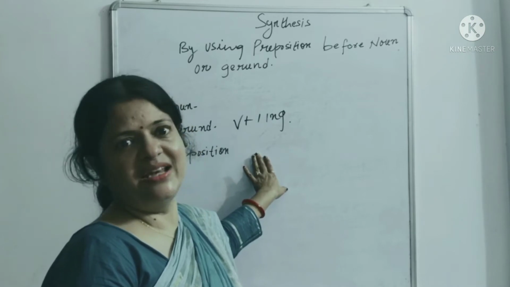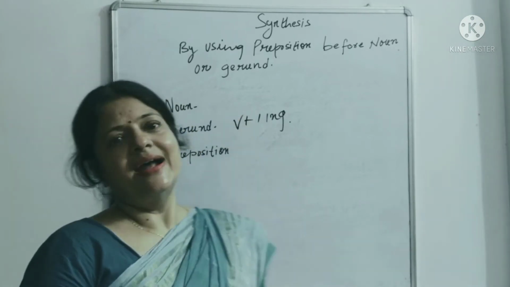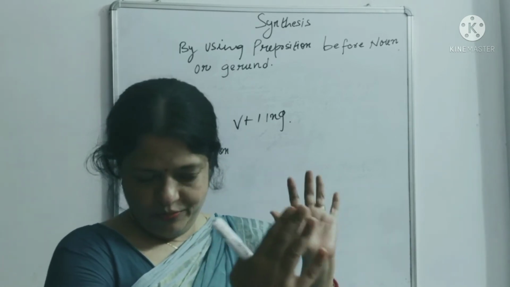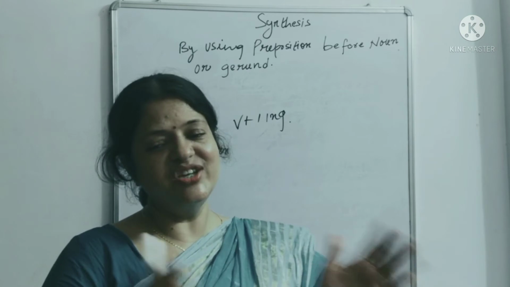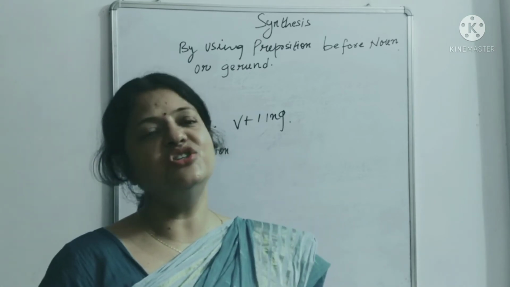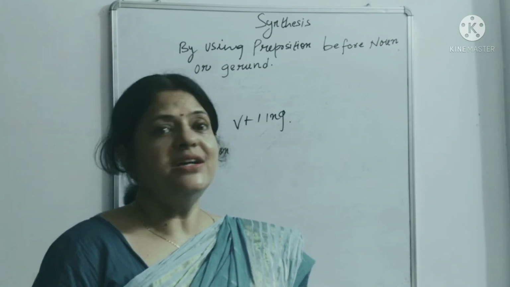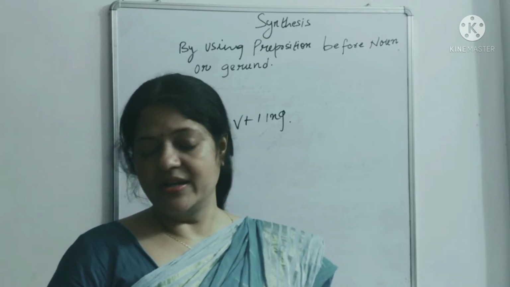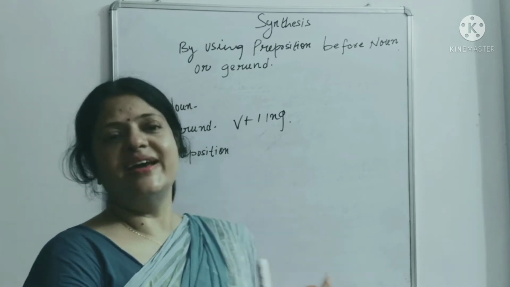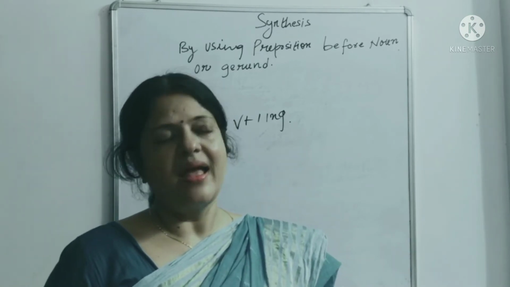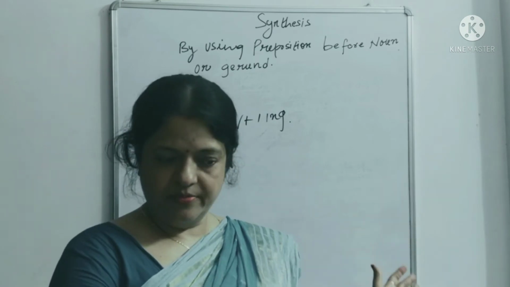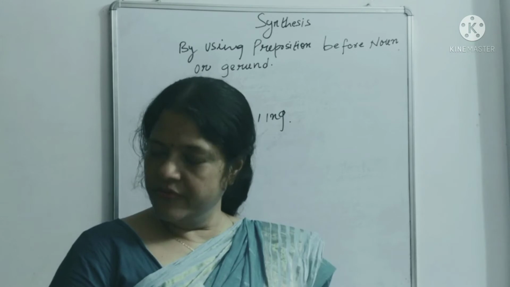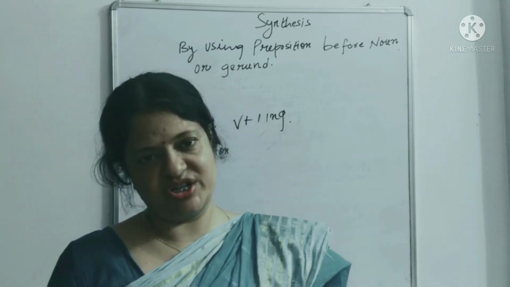So let me explain. I know that both participle and gerund can be formed by adding ing to the first form of the verb. But the first difference is that a gerund works as a noun, and a participle works as a verb and as an adjective, both.